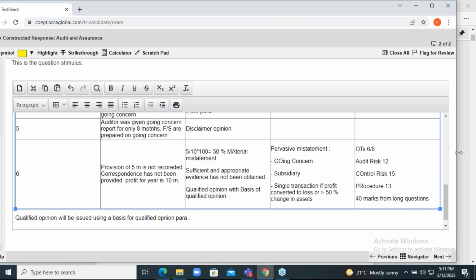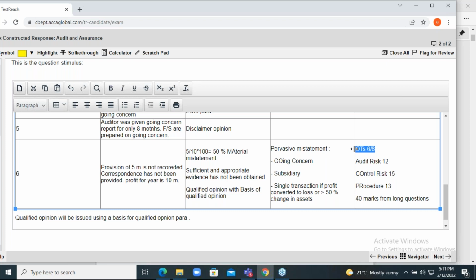So normally students are trying hard and attempting long questions, writing average answers for audit risk, average answers for control risk and average answers for procedures. So they fail due to OTs because they don't have a good grip on them.